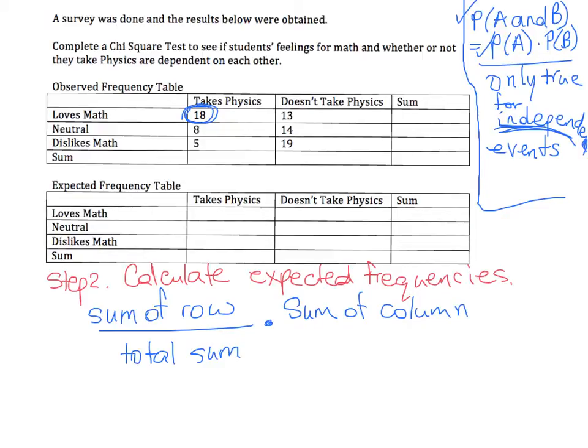All right, so first of all, we need sums for each row and each column. As I'm filling them in, make sure you're using your calculator, and make sure you're agreeing with everything I'm adding up here. The sum of 18 and 13 should be 31. The sum of 8 and 14 should be 22.